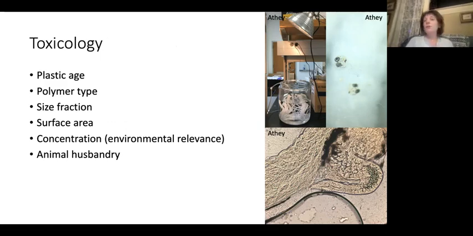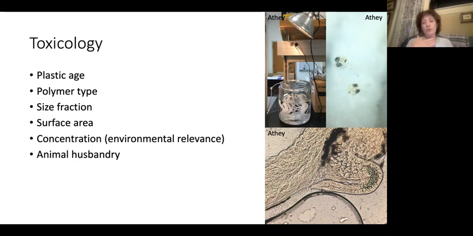So if you are running an exposure to known plastic types, and this course focuses a bit less on that aspect and a bit more on the environmental sampling side, you want to report the age of your plastic, the polymer type. Did you make it up yourself? It's usually useful to have a scanning electron microscope image so you can show the surface area characteristics.